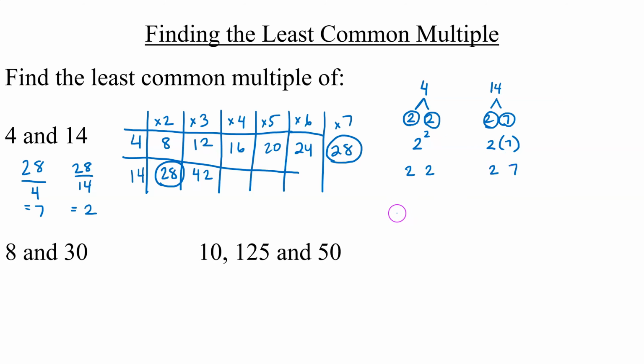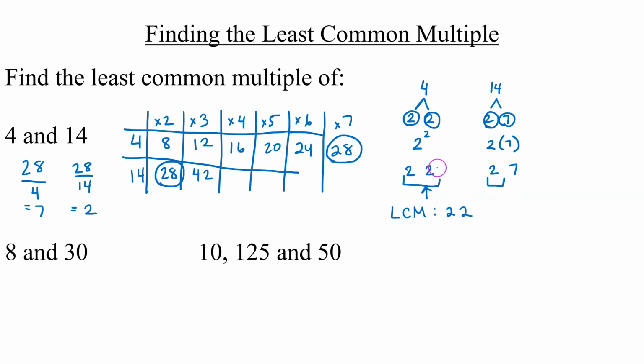And you want to make a list of the prime factors for your least common multiple. And the way you go about doing that is you start with the 2's. You look at, okay, there's 2 2's here, there's 1 2 here. So for your least common multiple, you have to take the greater number of 2's.